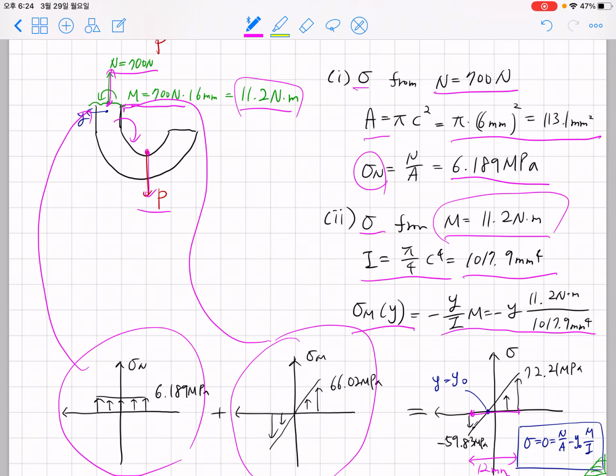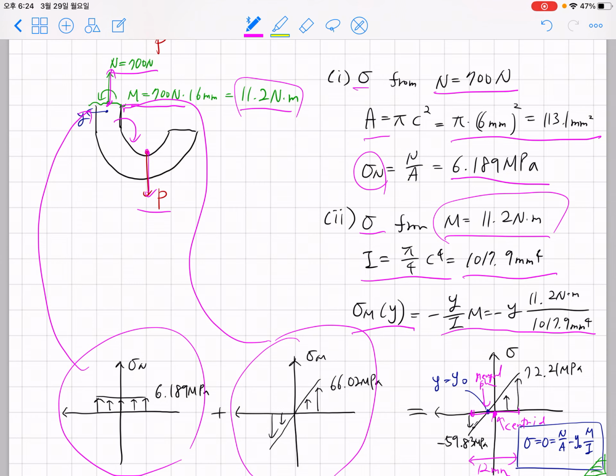Okay, and you can see that the y equals 0 position is the centroid position, and the zero stress position, or zero stress means zero strain, is the neutral plane. So for the problem where both N and M are non-zero, the centroid does not go through the neutral plane anymore.